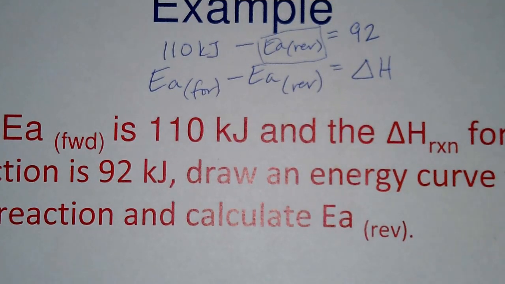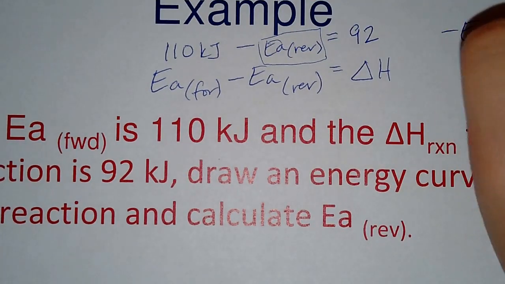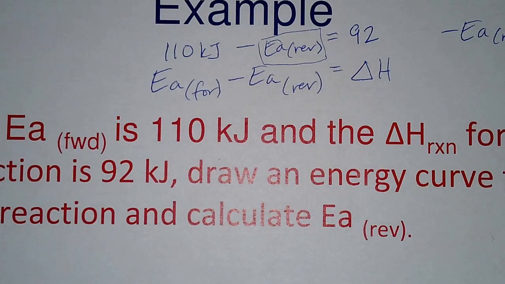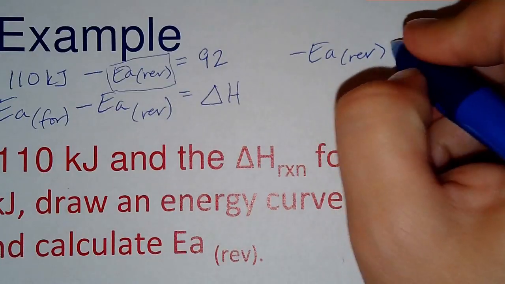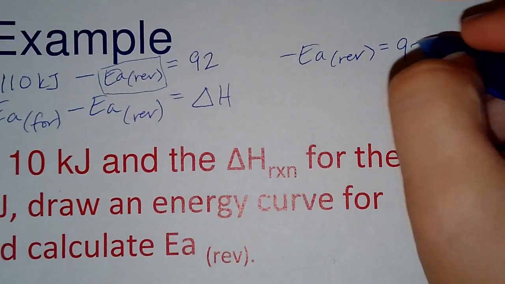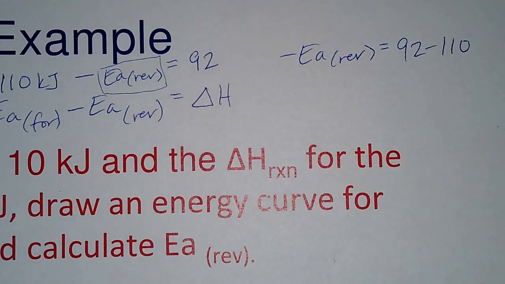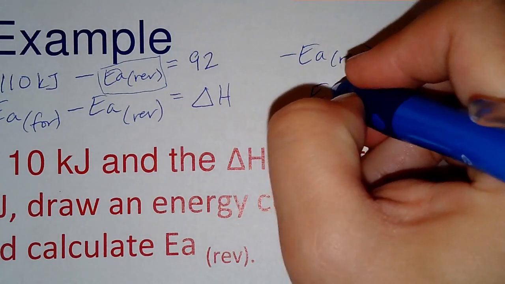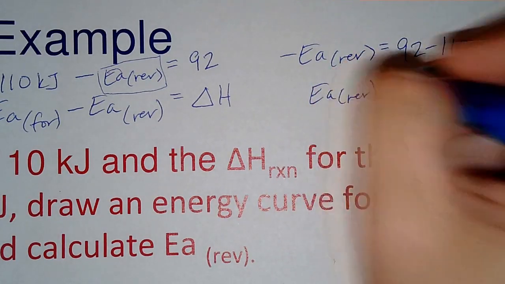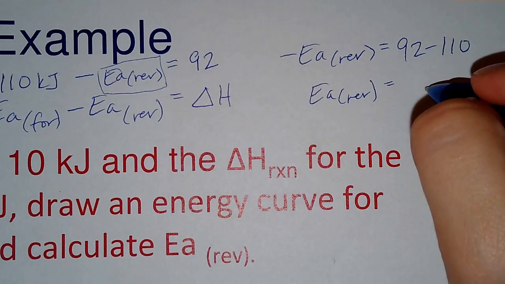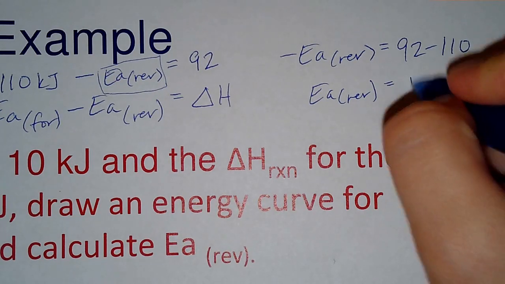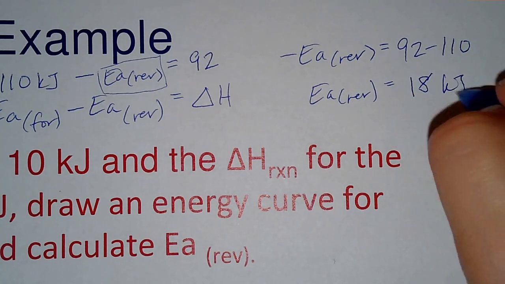So if I subtract my 110, negative activation energy of the reverse is equal to 92 minus 110. So my activation energy of the reverse is going to be 18 kilojoules.